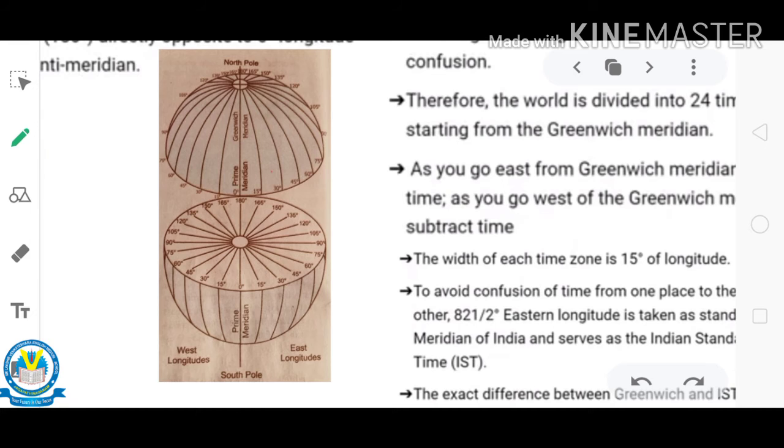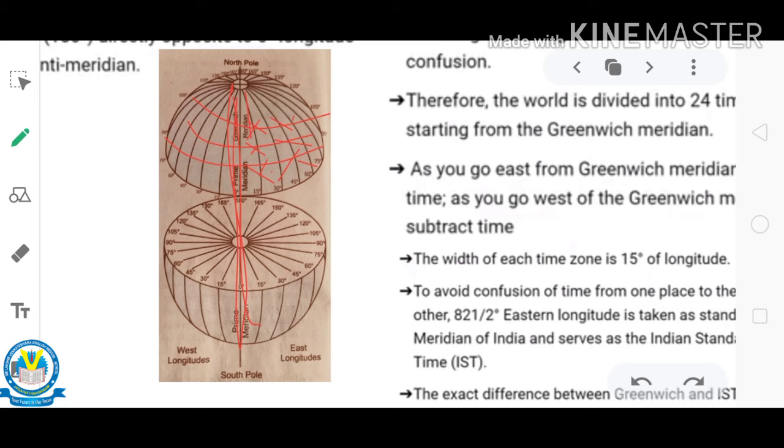They are semicircles connecting pole to pole, North Pole to South Pole. And every longitude cuts across every latitude.